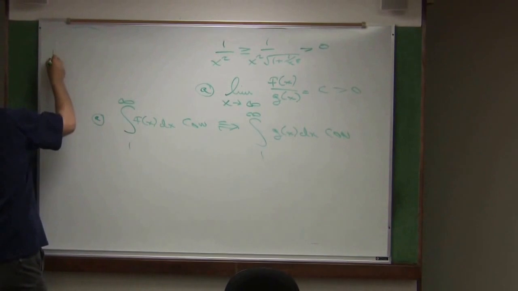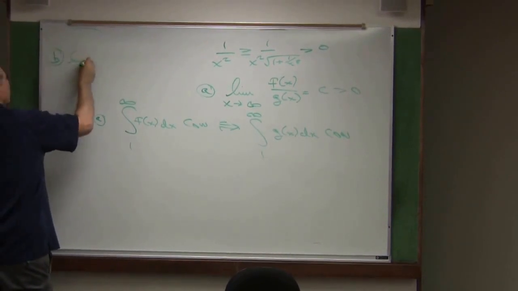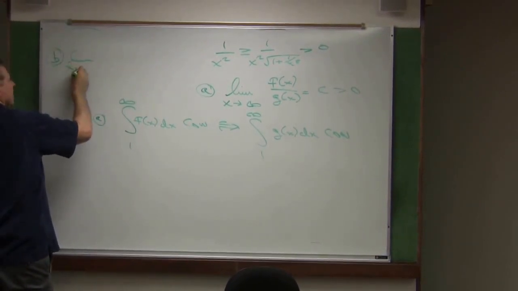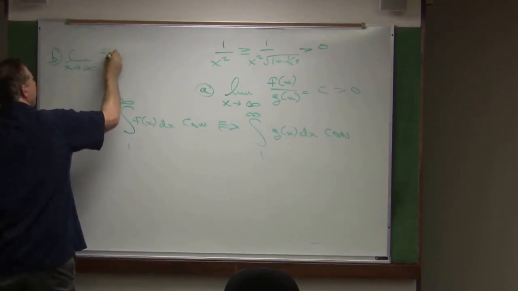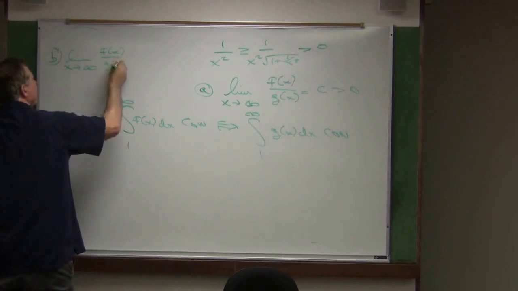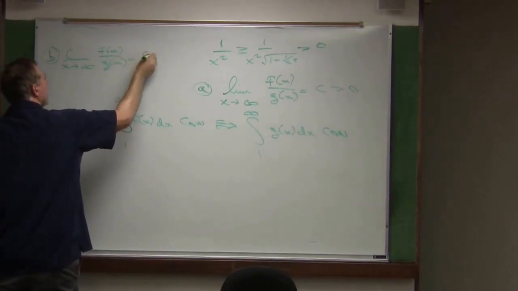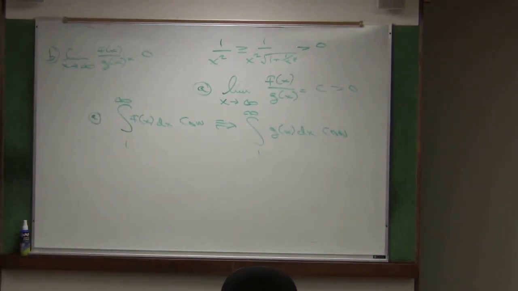So what about in case B? What if the limit as x goes to infinity of f of x over g of x was 0? What if that happened? Which one would be the larger one? g. g would be a lot larger.